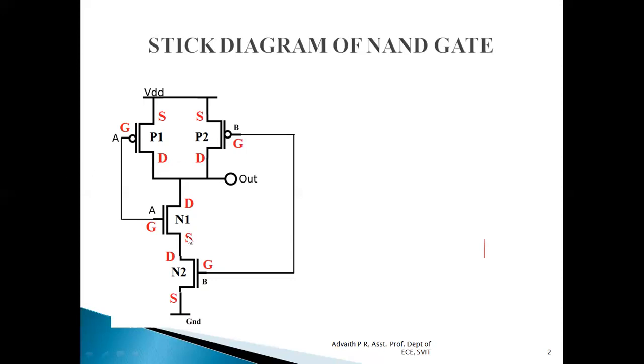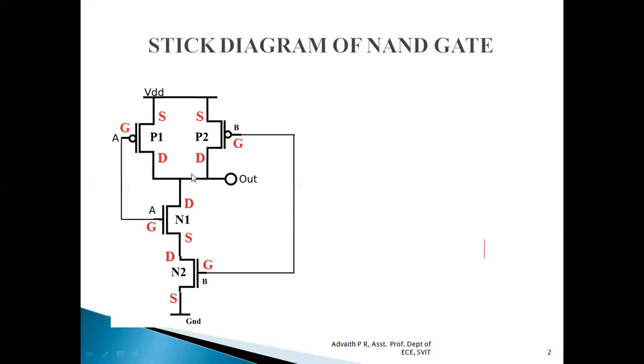The source of N1 is connected to the drain of N2. The source of N2 is connected to ground. The gate of P1 is connected to the gate of N1 and is given as input A. The gate of P2 is connected to the gate of N2 and is given as input B.